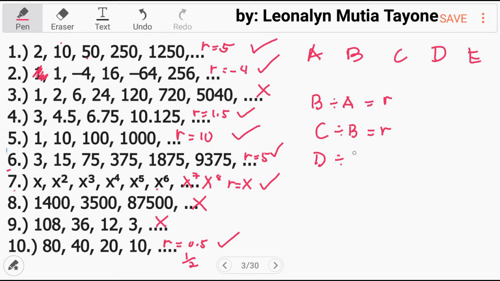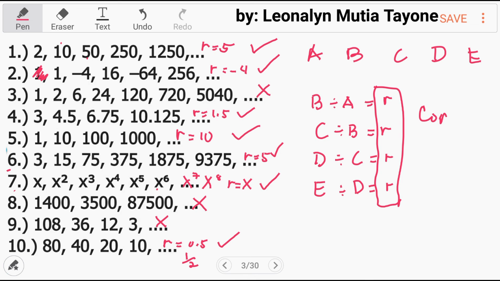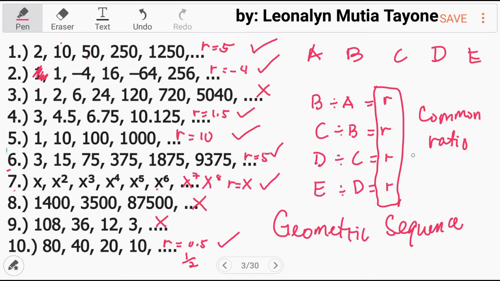D divided by C, then E divided by D. Now, if they are the same, that is called the common ratio. And if there is a common ratio, that is a geometric sequence. Thank you.